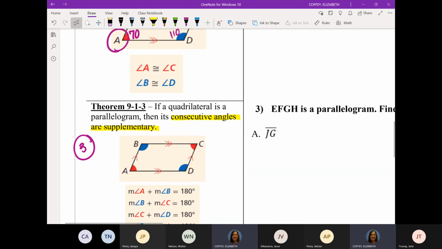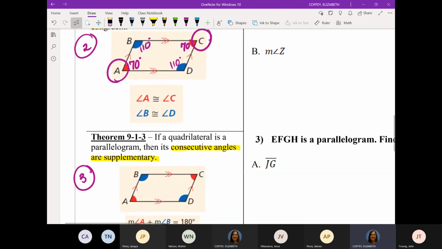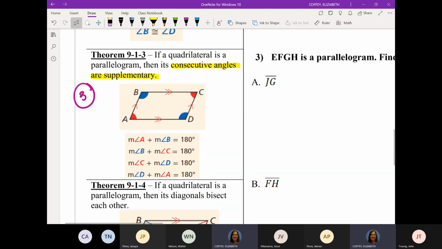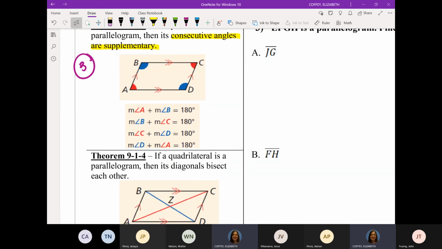So it's different from opposite. Opposite, guys, is going to be like across the parallelogram. That's opposite. Consecutive would be A and B, right next to each other, not opposite each other. So the difference between those two is opposite are congruent, consecutive are supplementary, right?